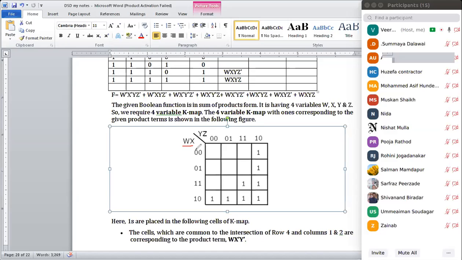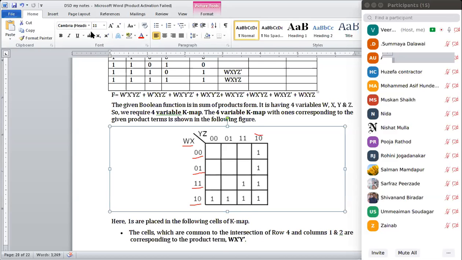Here it is taken as WX lower side, YZ upper side. Now, what is the combination of WX? It is going to be 00, 01, 11, 10, which we discussed yesterday. Then YZ is going to be 00, 01, 11, 10.